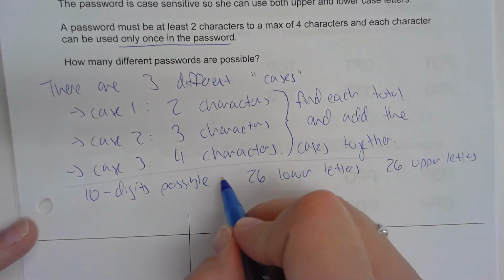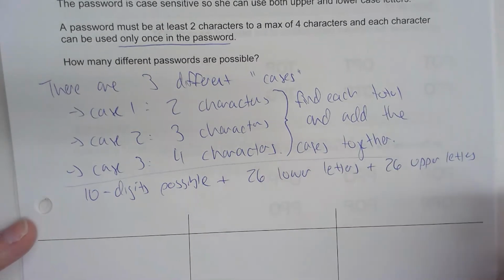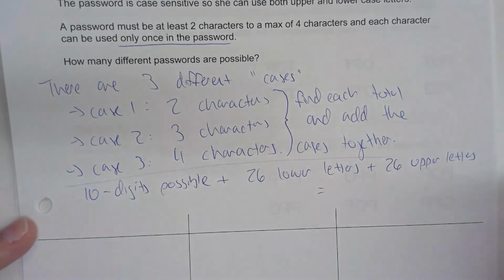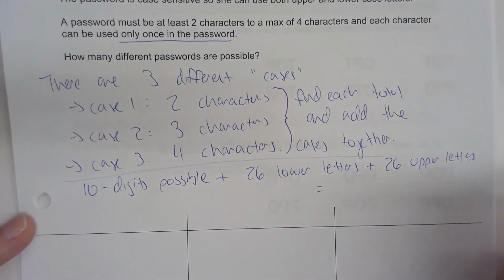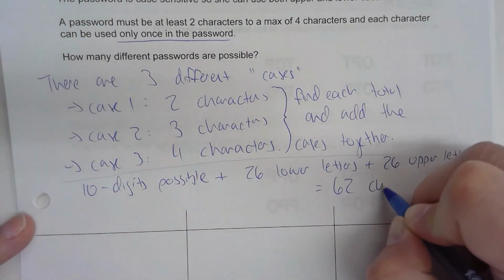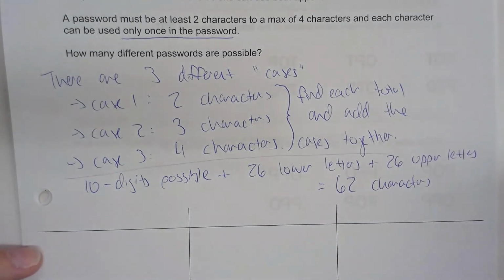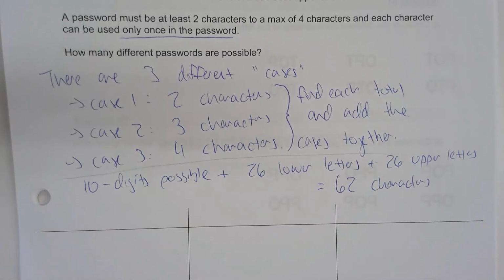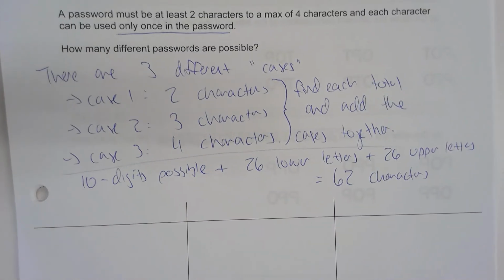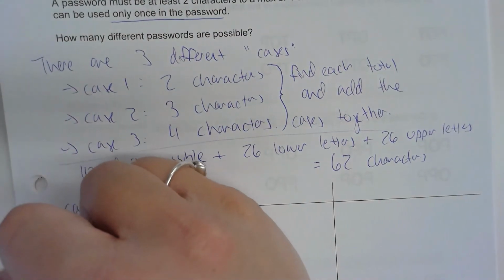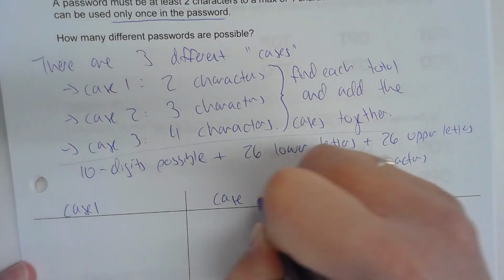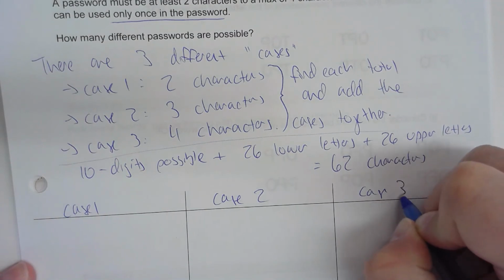So I have 10 plus 26 plus 26 choices of letters or digits, right? I have 62 characters to choose from. 62 things that I could put in my password, because we're not including all the other weird things you have on your keyboard.